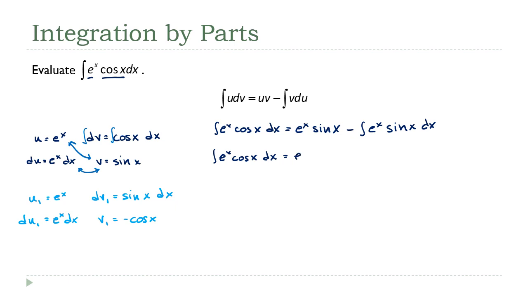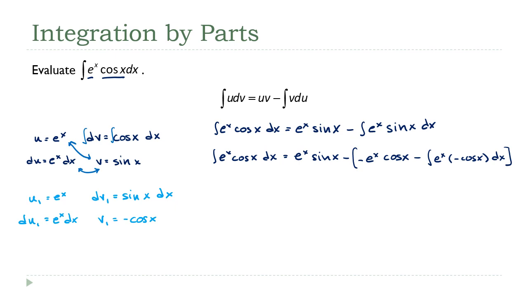This is e to the x sine of x, looking at the right side, minus, be careful here because there's that minus sign floating around, minus e to the x cosine of x, minus the integral of e to the x negative cosine of x dx.